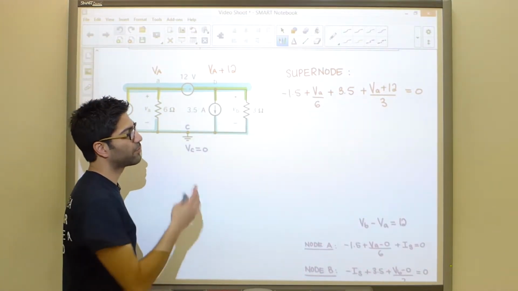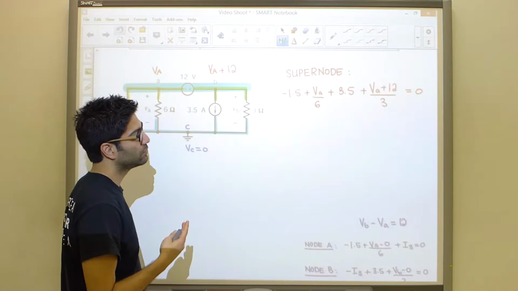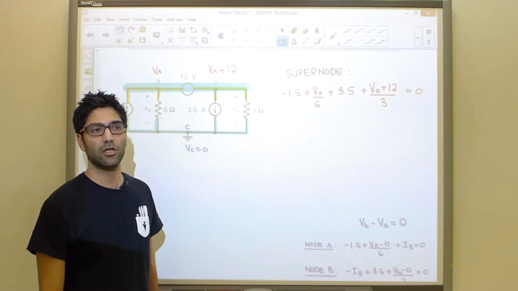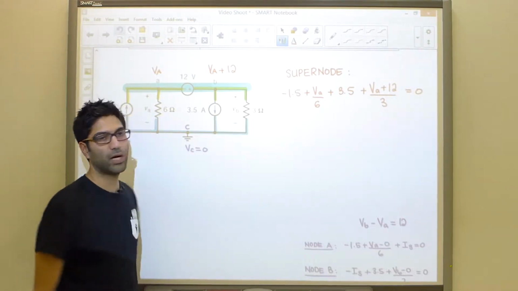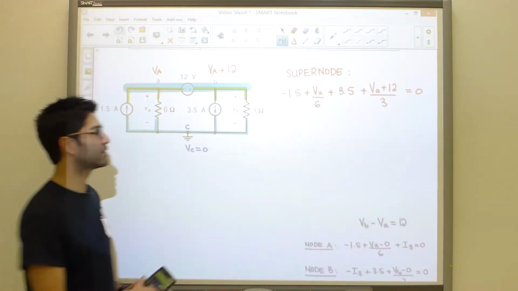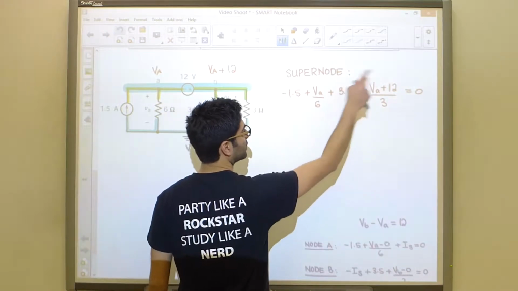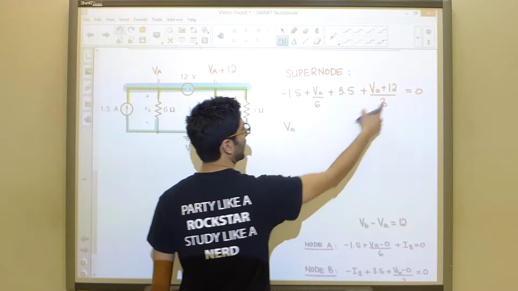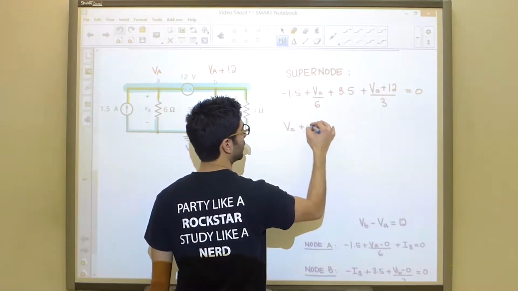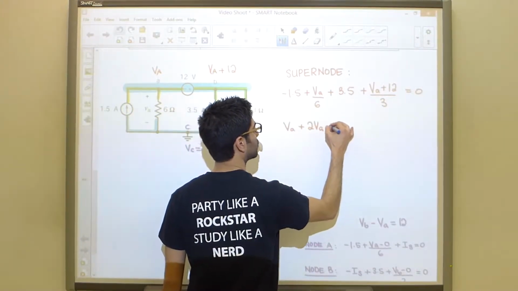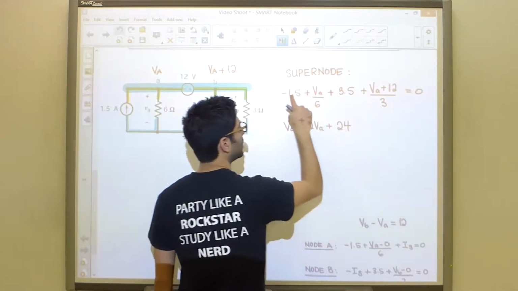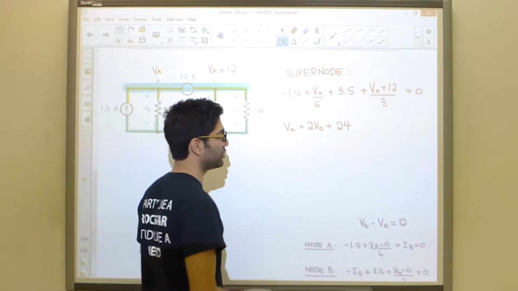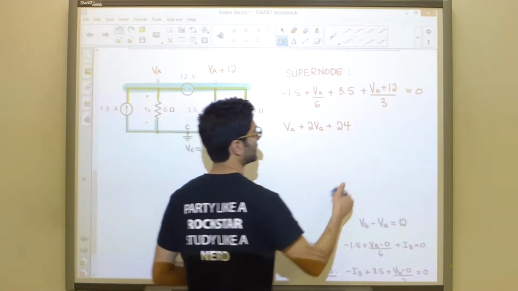In order to solve this problem, we're going to start by multiplying each one of our terms by 6. That'll simplify things. I'm also going to take these constants to the other side. If I multiply this by 6, I get VA. Multiplying this term by 6 is going to give me another 2VA plus 24. 3.5 minus 1.5 is 2, and 2 multiplied by 6 is 12.